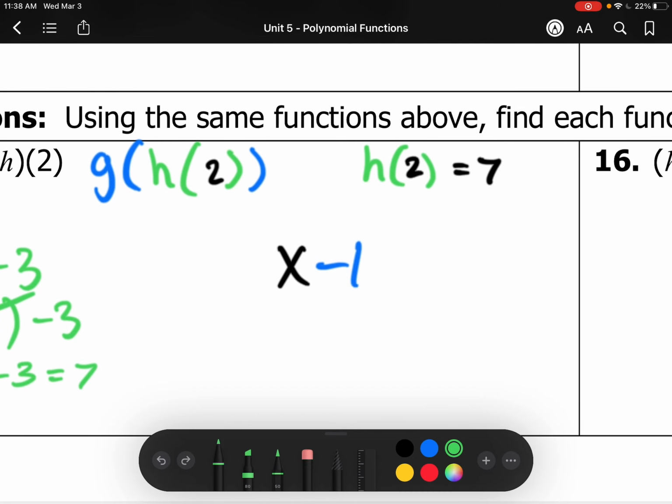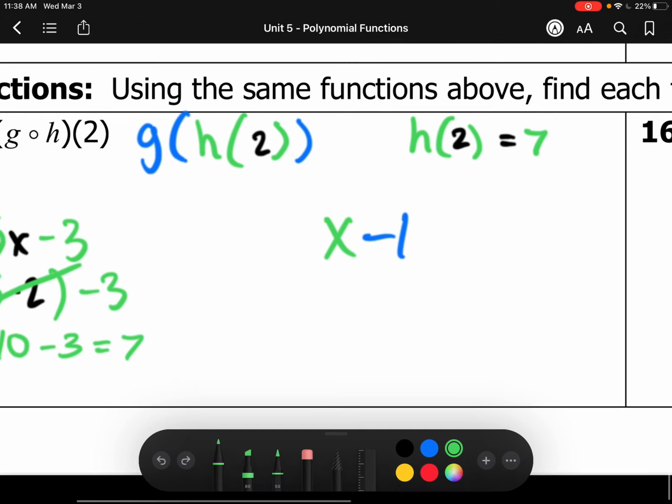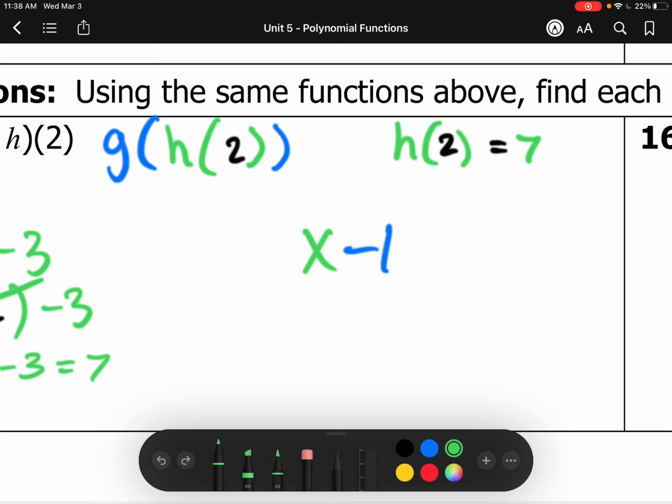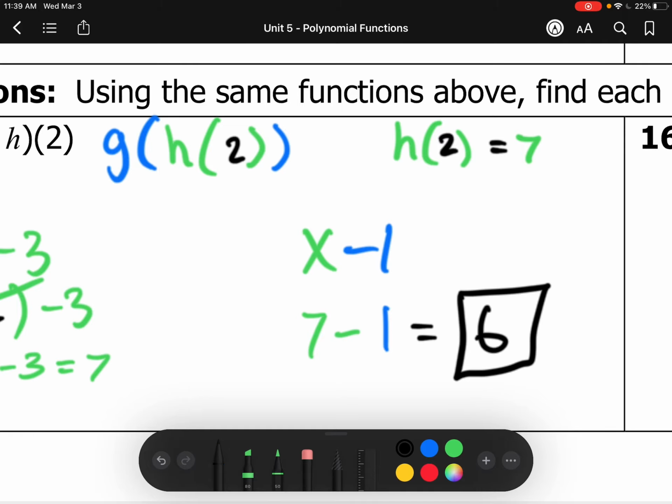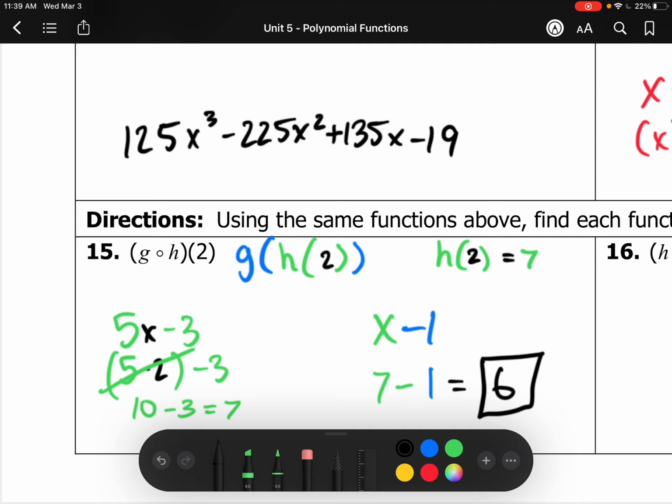And actually I can turn this to be green, so that way you know what's going on. The value that we got for h of 2 is 7. So I'm replacing that value with x in the function g of x. So now this x becomes 7. So I have 7 minus 1. And 7 minus 1 is 6. So the final answer that we have here is 6.